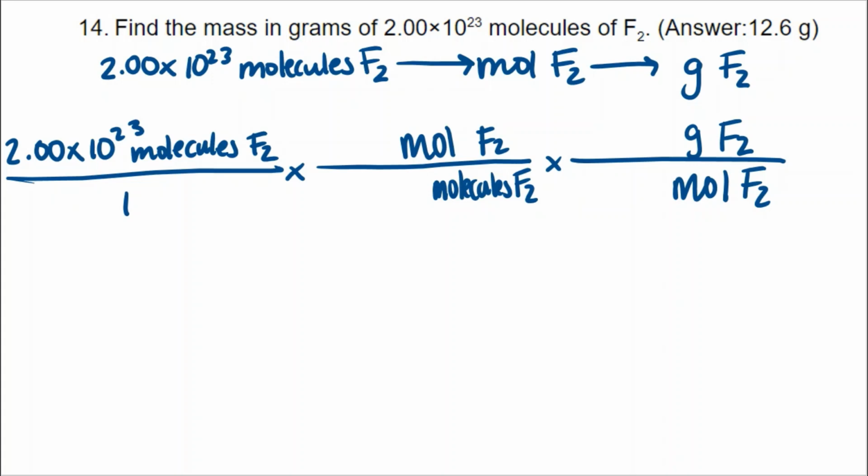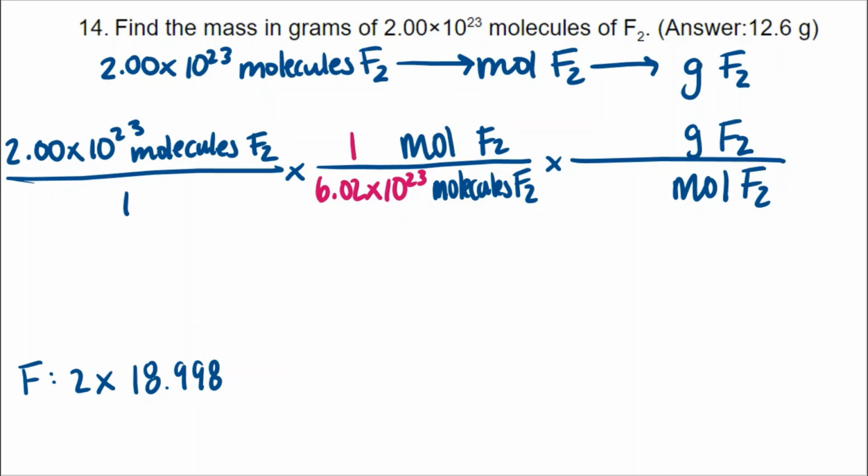So 1 mole of anything is going to be 6.02 times 10 to the 23rd molecules. And this other one here is molar mass. So for fluorine, we've got 2 of those, and we're going to multiply that by the mass of fluorine. And this will give us our molar mass.